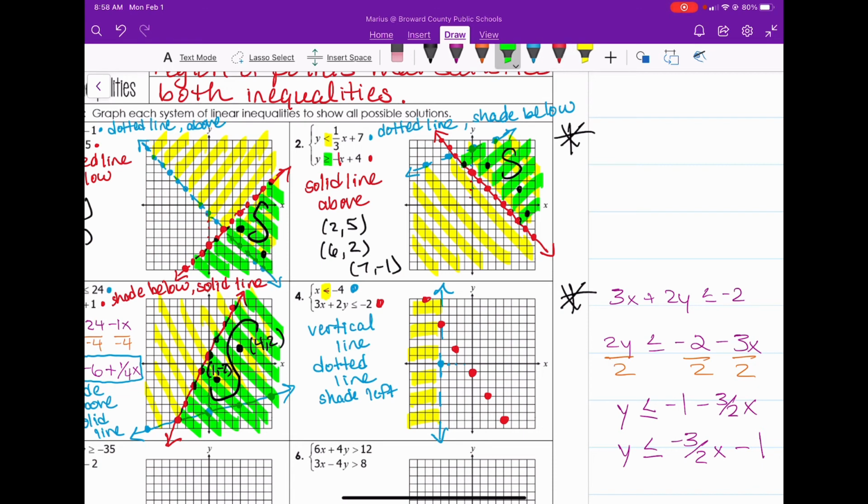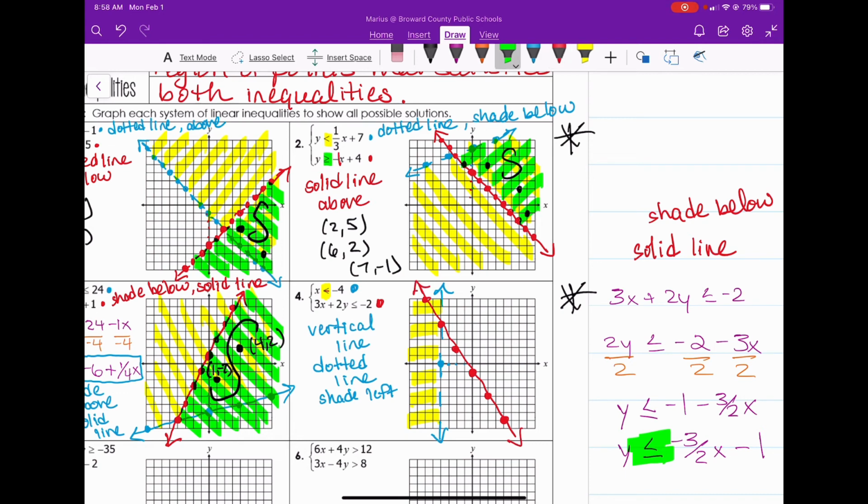Now, we have to take a look at our inequality symbol. Our inequality symbol tells us that our line will be a solid line because it has the equal to, and we're going to shade below because it's less than. So, solid line. There's our solid line.